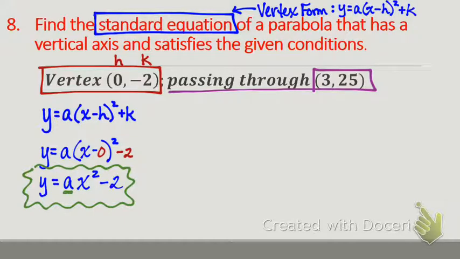X and Y. They're giving me an x and a y. So I can take that x and y and substitute it into what I've got so far and use that to find my a value. So I'm going to put 25 in the place of y. I'm going to put 3 in the place of x.